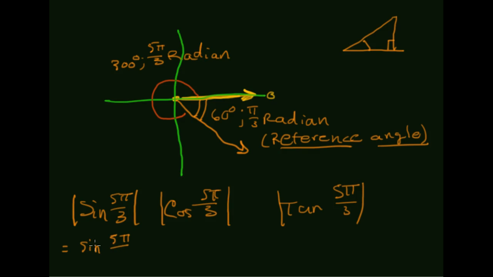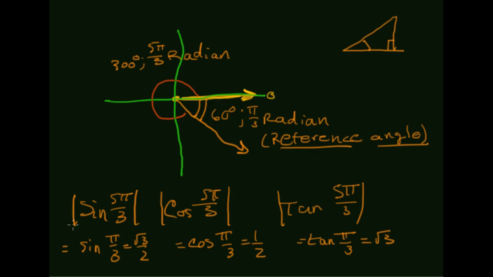So sine of pi over 3, which is root 3 over 2, cosine of pi over 3, which is 1/2, and the tangent of pi over 3, which is the square root of 3. Now, the only thing that's going to be different here is that this gives me the absolute values. Okay? The signs are a different matter.